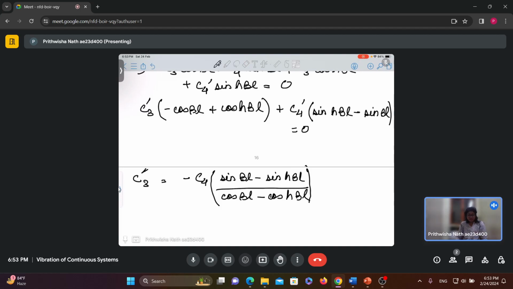Now again I'll do a similar process, where I'll express W2 entirely in terms of C4 prime.